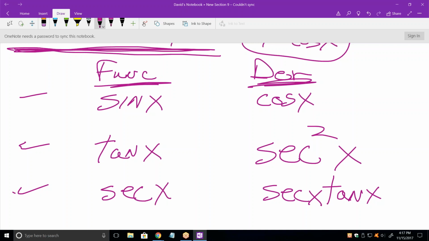You're familiar with cofunctions. What's the cofunction of sine? Cosine. What's the cofunction of tangent? Cotangent. And what's the cofunction of secant? Cosecant.